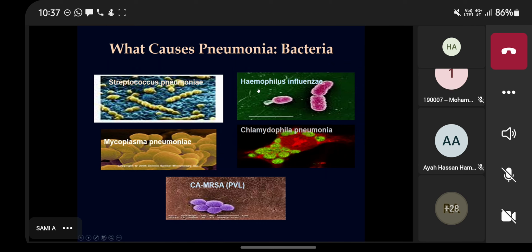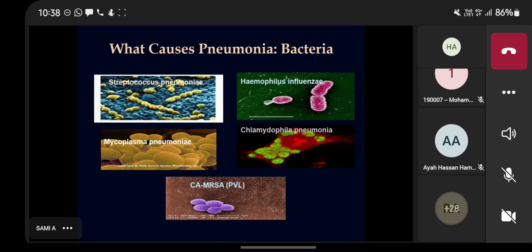Then you have the Haemophilus influenzae, and as you are all aware, we have two types. We have type B, which is invasive and can cause not only pneumonia but also bacteremia and meningitis. However, Haemophilus influenzae type B was totally eradicated from countries where the vaccination was part of their national program.